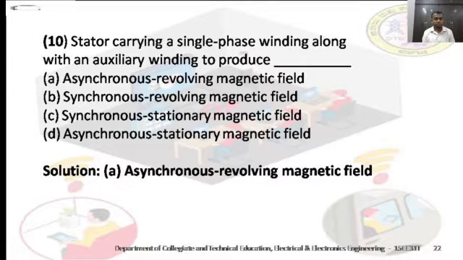Asynchronous revolving magnetic field, synchronous revolving magnetic field, synchronous stationary magnetic field, asynchronous stationary magnetic field. The answer is A, asynchronous revolving magnetic field. Along with the main winding, we are using an auxiliary winding to achieve this revolving magnetic field.